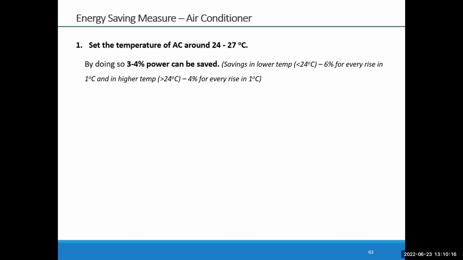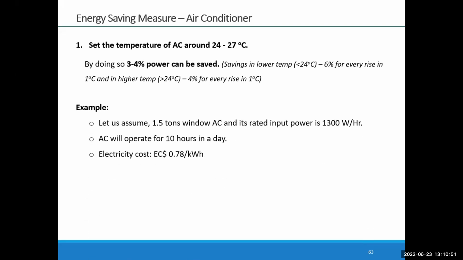For savings at lower temperature, that is below 24 degrees, if you set to 24 degrees, it will save around 6% for every rise of 1 degree centigrade. For higher temperature settings, greater than 24, it is 4% for every 1 degree centigrade. Between 24 and 27, only 4% of electricity can be saved for every 1 degree rise in set point.